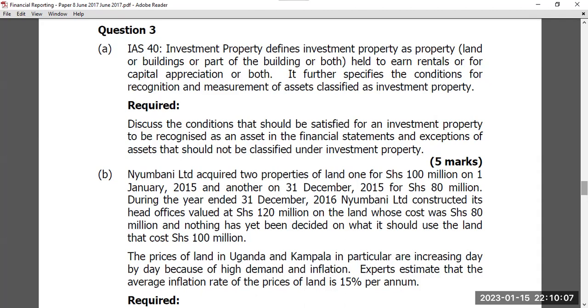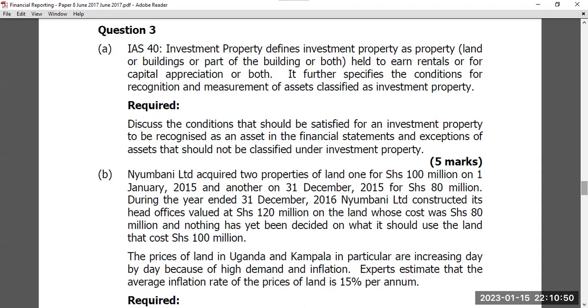Then the last one we looked at is assets that have been leased out under finance lease. Finance leases are basically assets that have been given out. If, let's say, the asset had a useful life of maybe 20 years, and the person has leased that asset for 19 years, you find that more or less the owner has given up control of it.